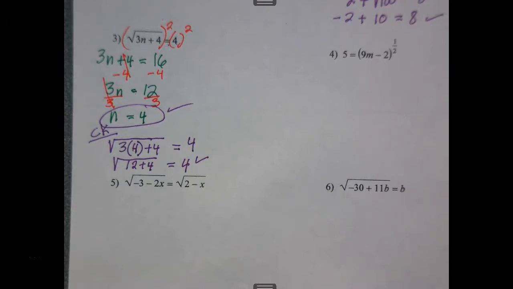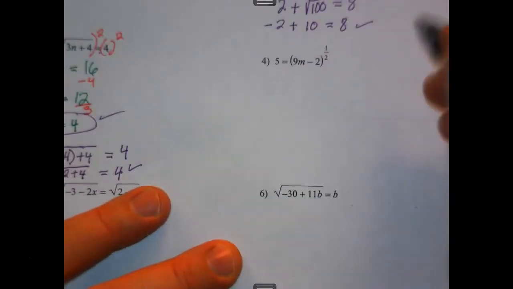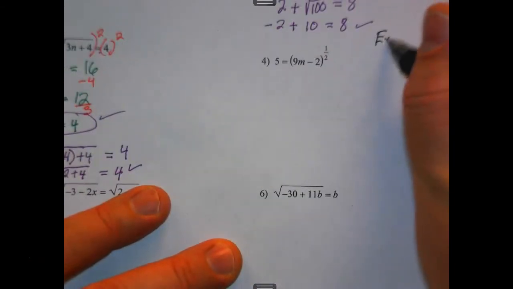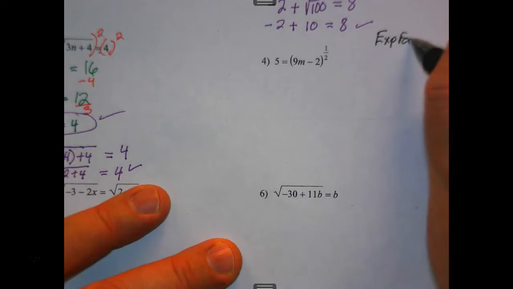Does everybody know that the power 1/2 is a radical, is the square root? Back when we did exponent form to radical form, do you remember? Exponent form, radical form.